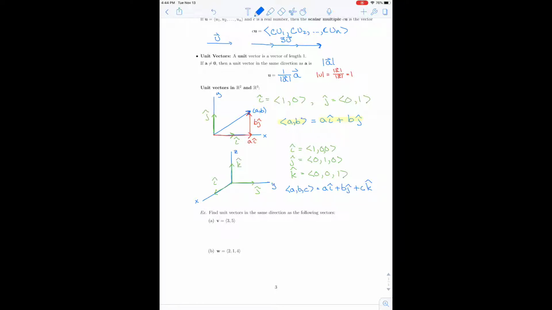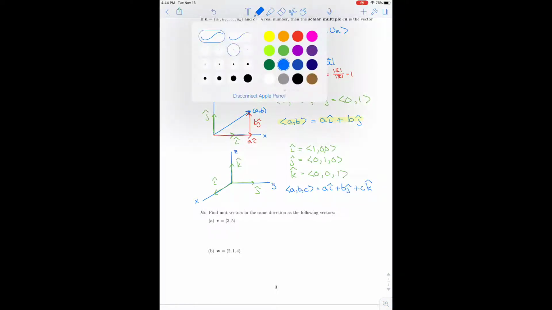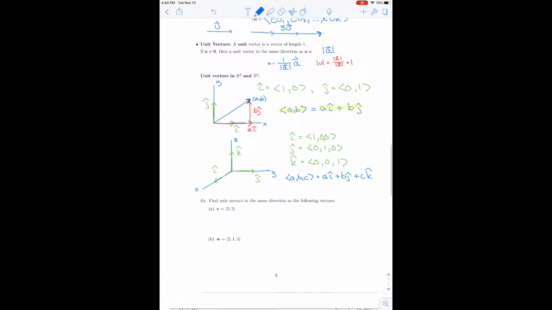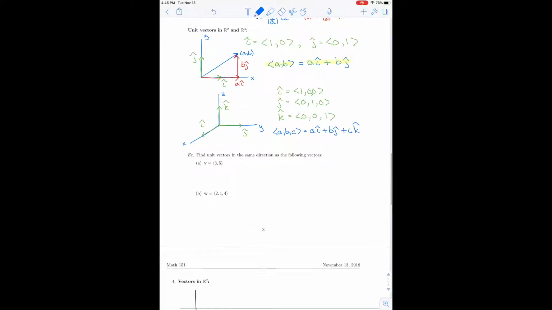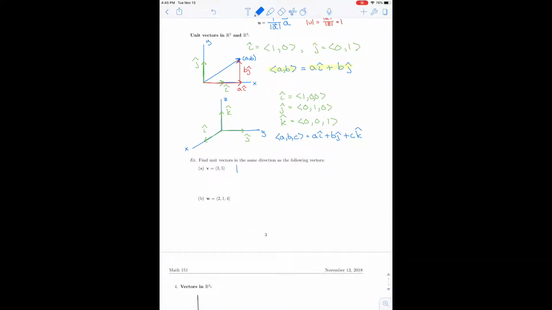Okay, I now want to do a couple examples finding unit vectors. So the vector 3, 5, we can find its length. The length of the vector 3, 5 is the square root of 3 squared plus 5 squared, which is the square root of 34.